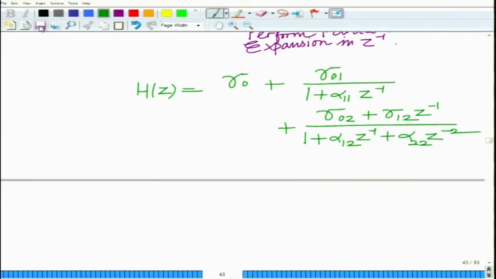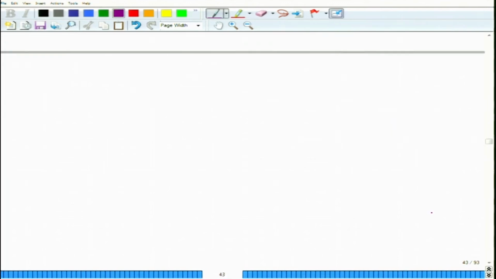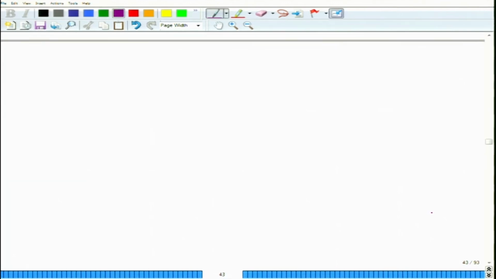Okay. And the structure of this parallel form can be given as follows. So, you have x of n. So, now you will have these parallel branches.